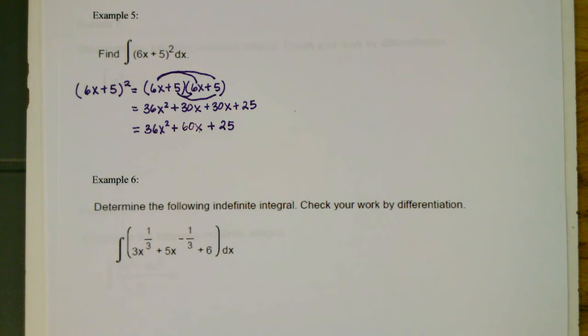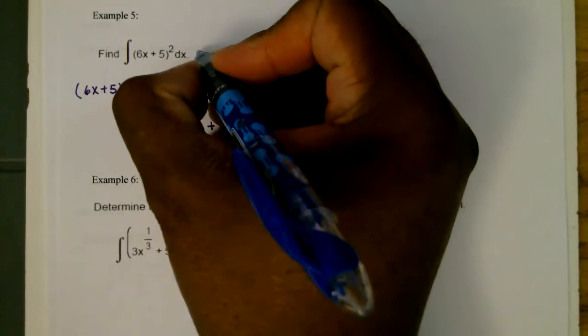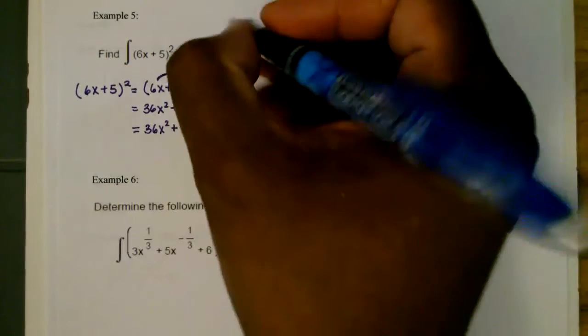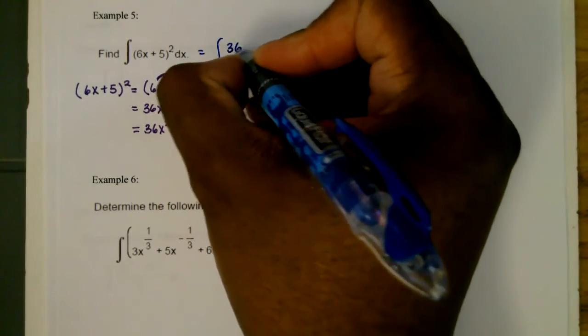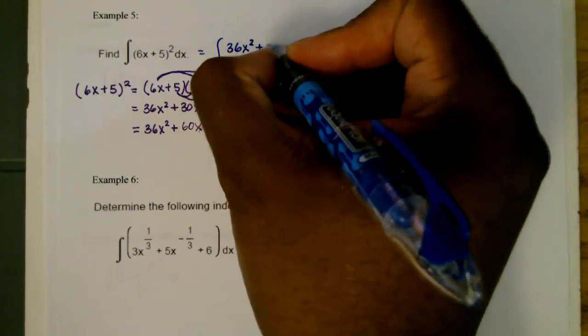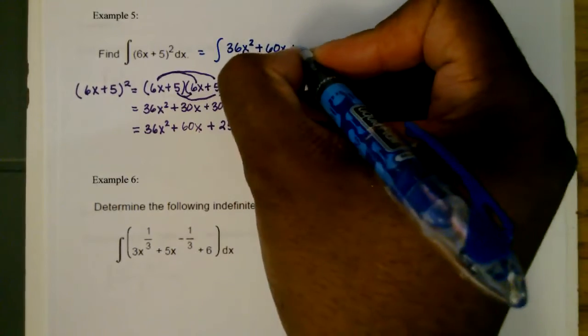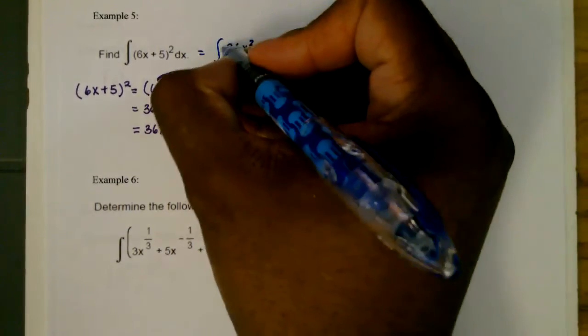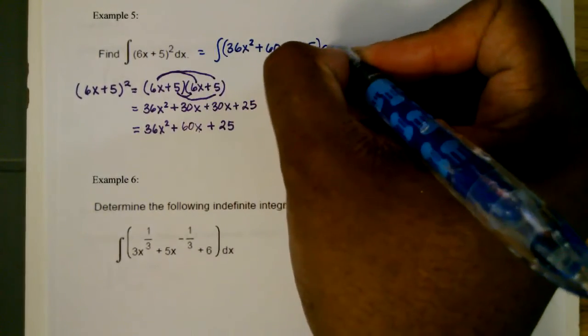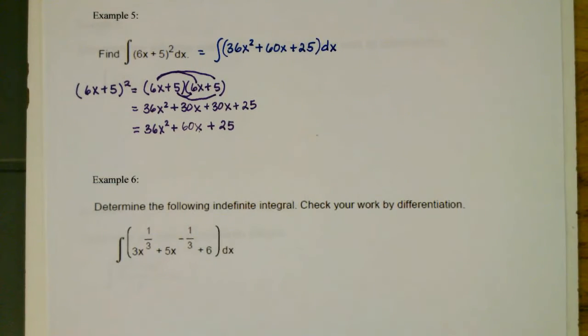All right, so in this case, here's what I'll have. And that is the integral of 36x squared plus 60x plus 25 dx.